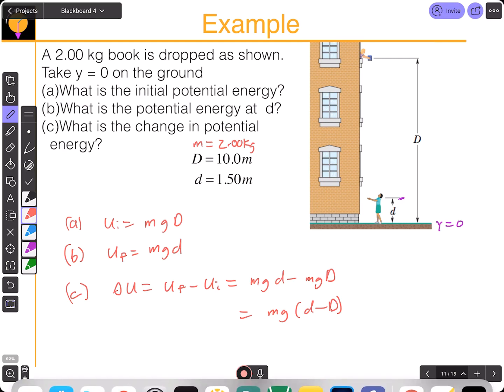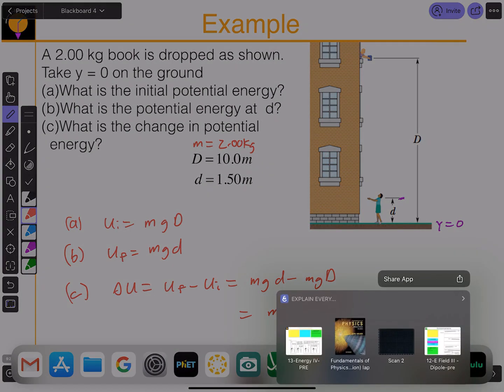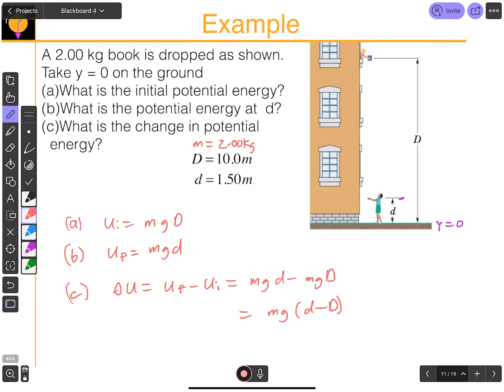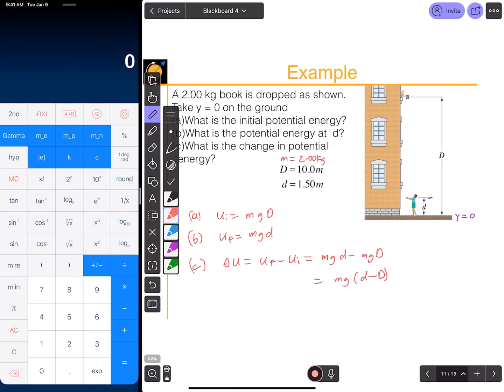If we plug in the numbers for that, what do we get? Let me get there, it is. So let's plug it in. So m is 2 times 9.8 times, and then 1.5 minus 10.